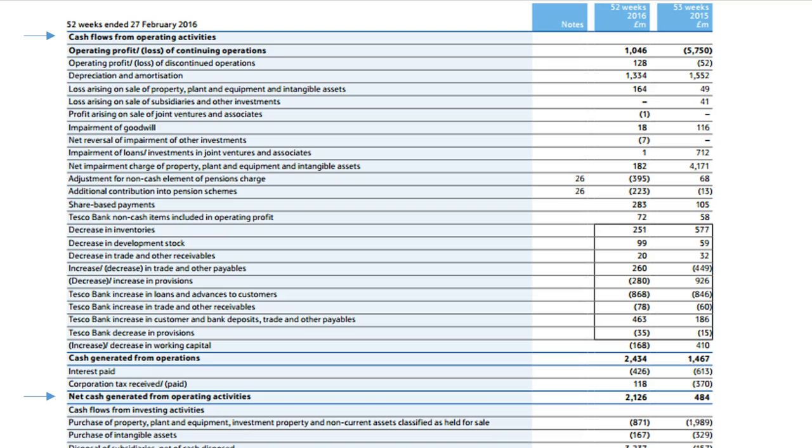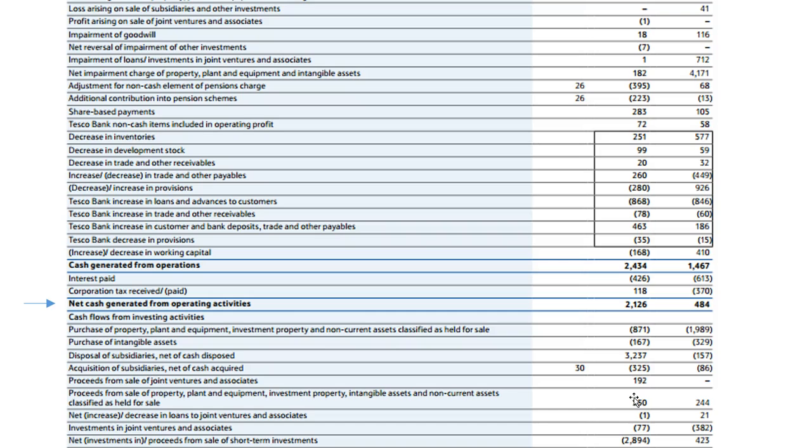Right? So that's a net increase in debtor type assets, and so that's a use of assets. Adding all that up gives us cash generated from operations, and then some interest paid and money received gives us a net cash generated from operating activities.